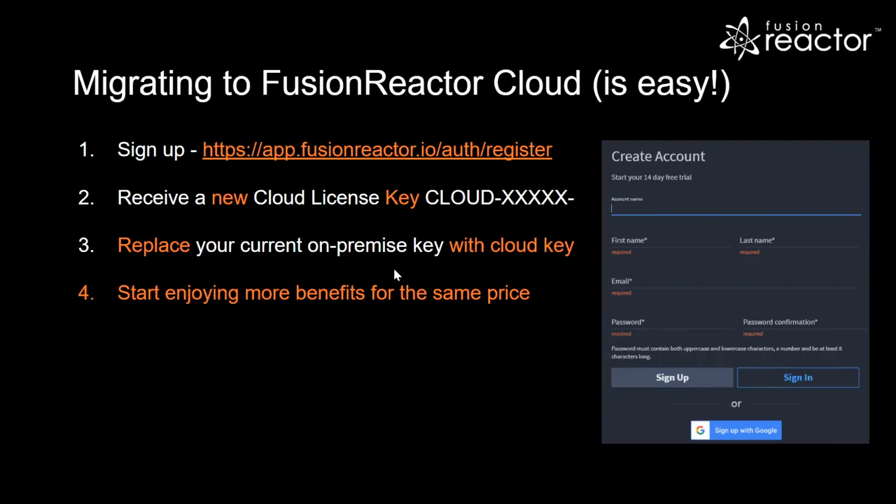So you can go into the FusionReactor user interface and just replace the key, or if you're deploying with a script, you'll just replace your current key with your new cloud key, and that's it. So it's very simple to migrate. As soon as you've done that, the FusionReactor agent will instantly start sending data up to the cloud, and you're done, basically. And then you can start enjoying the benefits, and it's all for the same price.